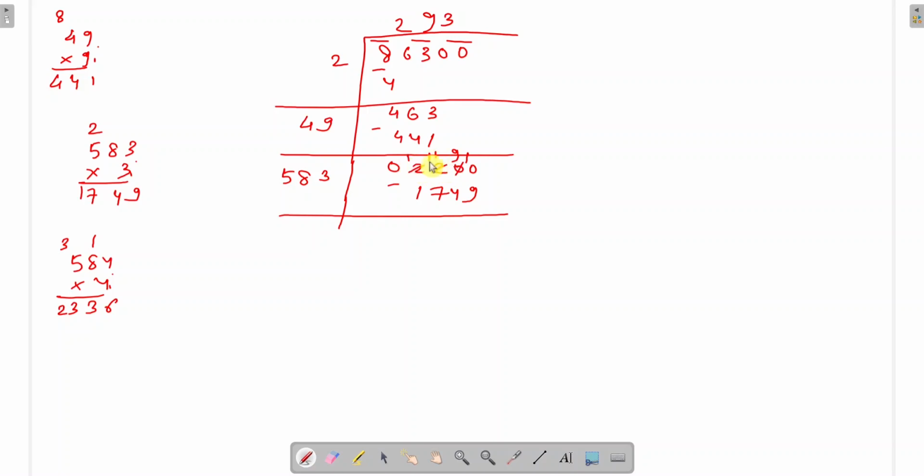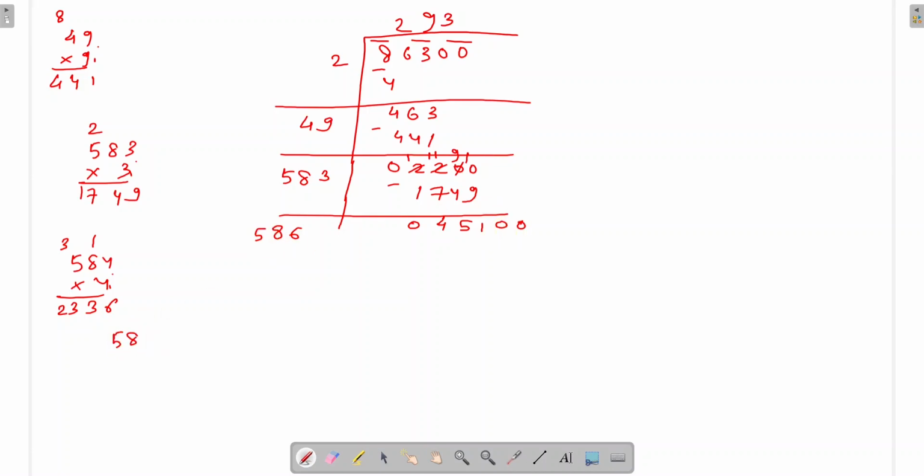So 1 here. So 10 minus 9 is 1, 9 minus 4 is 5, 11 minus 7 is 4 and 0 here. So 293 we have to double. So it is 6, 8, 586.